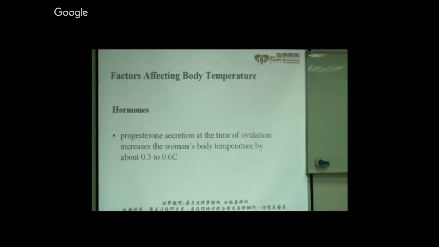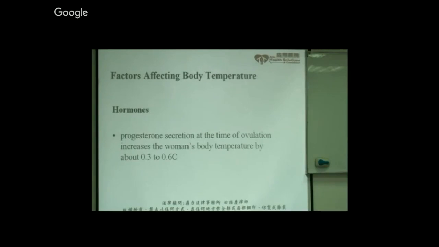When does ovulation happen? How many days is your menstrual cycle? 28. So when does ovulation happen? Day 14, in the middle.